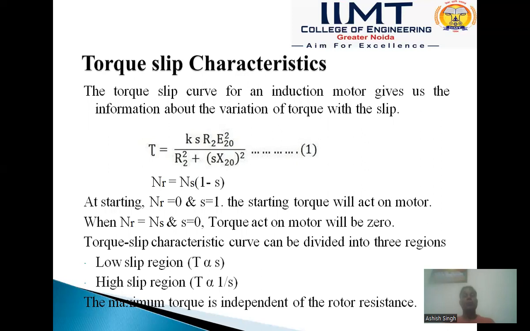The formula for torque is tau equals K s R2 E20 square divided by R2 square plus (s X20) square, where K is the constant, tau is the torque produced by the motor, s is the slip, and R2 is the rotor winding resistance.